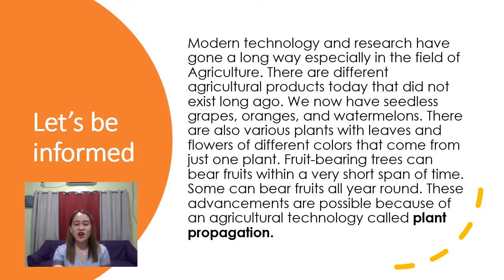There are also various plants with leaves and flowers of different colors that come from just one plant. Fruit-bearing trees can bear fruits within a short span of time. Some can bear fruits all year round. These advancements are possible because of an agricultural technology called plant propagation.